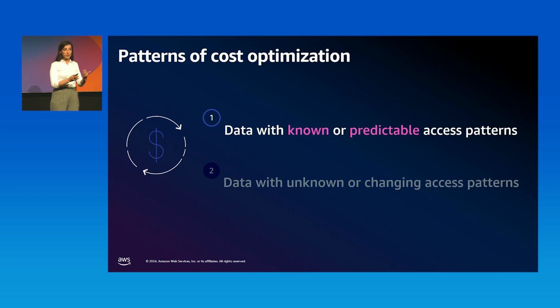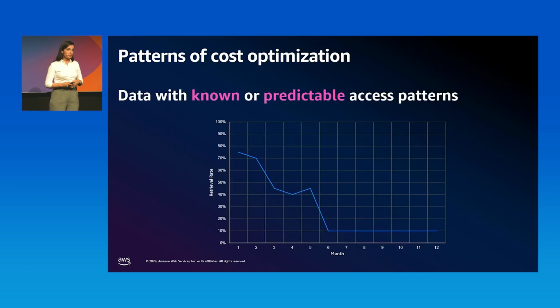As soon as you upload it, it will be accessed very frequently, and maybe after a couple of months, you do not go back and look at that data again. In such a case, you have a known or a predictable access pattern. So for such a case, as you can see here, it started with a very high retrieval rate. Your data is getting accessed very frequently, but over time, maybe in a couple of months, your data is obsolete, and you're not using it again.